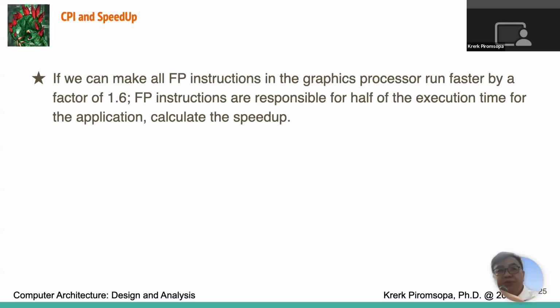If our new GPU is 1.6 times faster, what would be the overall speedup? Know that floating point instruction is just half of the time. FP is for floating point.